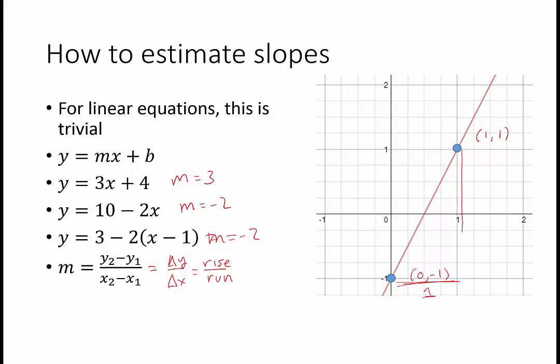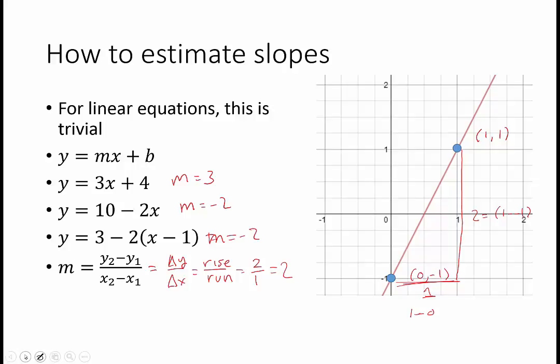You can see that this rise here is of 2 units, or we could think of this as 1 minus -1. We can think of this as 1 minus 0 for the run, and in doing so we can say, oh, I can see that the slope of that particular line is 2.